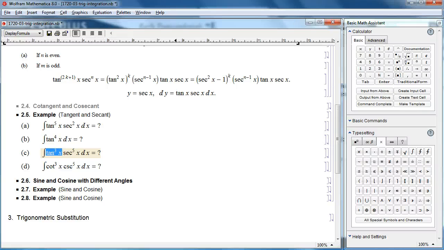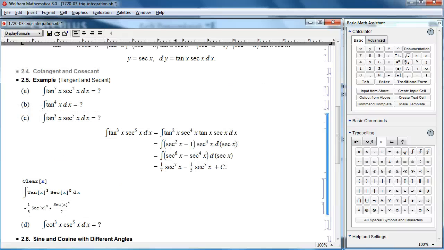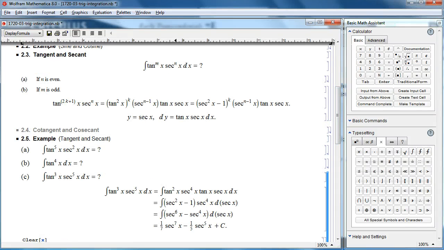So we can manipulate this integral in such a way that tangent x times secant x comes out as a separate entity. And that part, tangent of x secant of x dx, is going to be dy if you set y as secant of x.